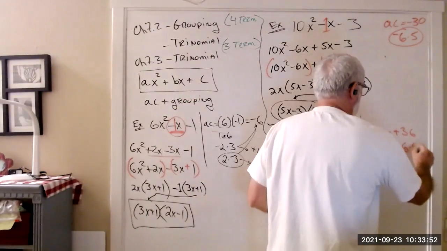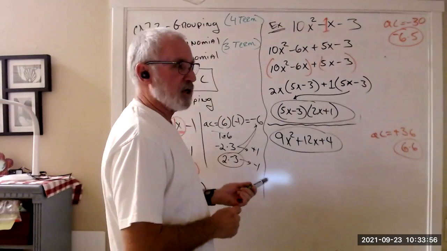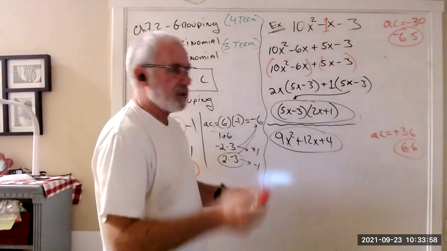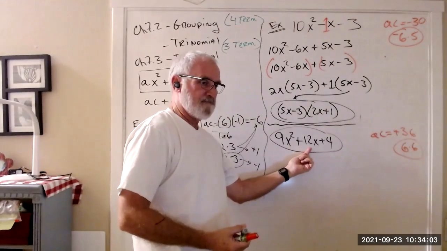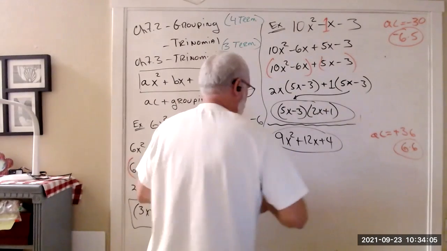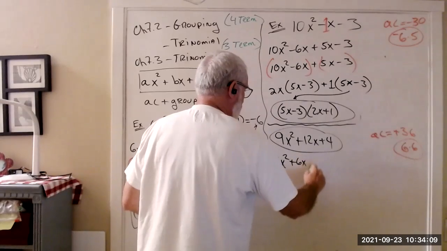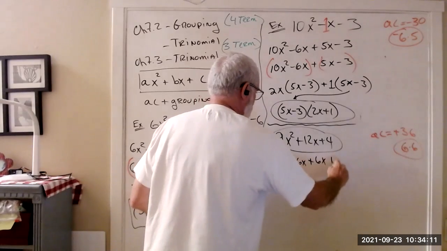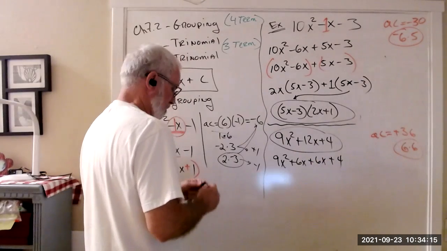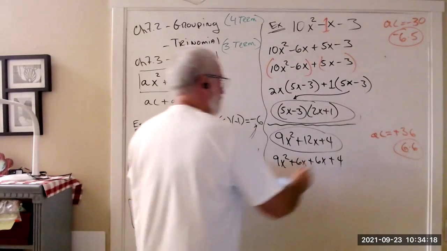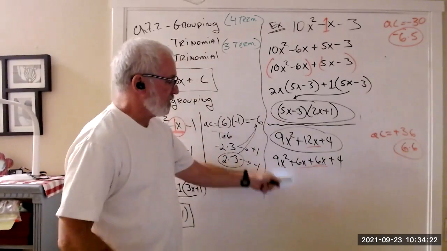Well, it's 6 times 6. 6 times 6 is 36, and 6 plus 6 is 12. So I write this as 9x squared plus 6x plus 6x plus 4. So again, my 12x has been stretched apart to make 6x and 6x.